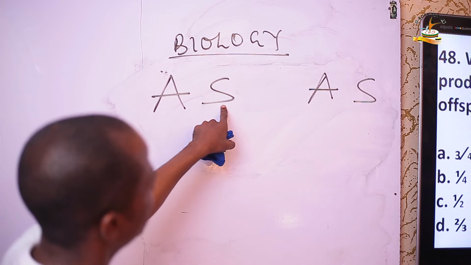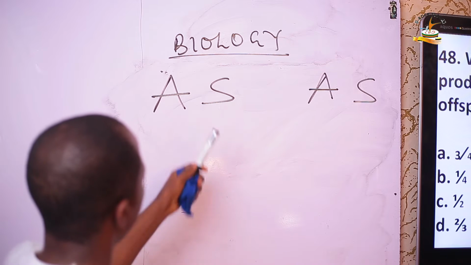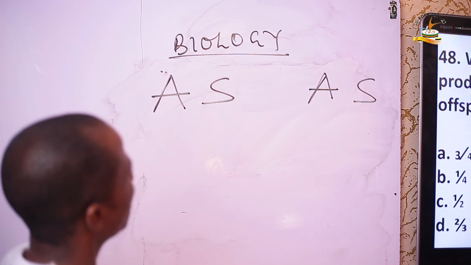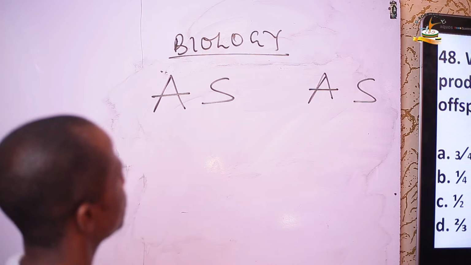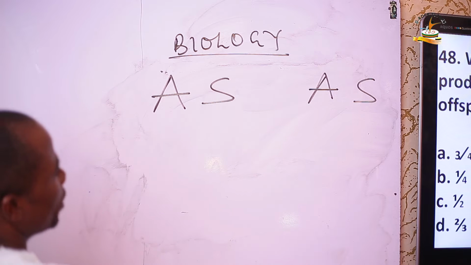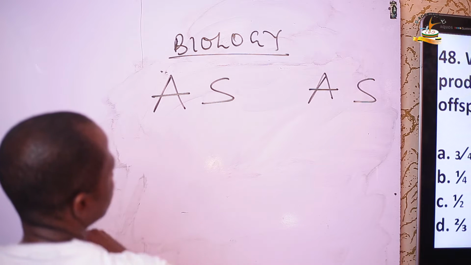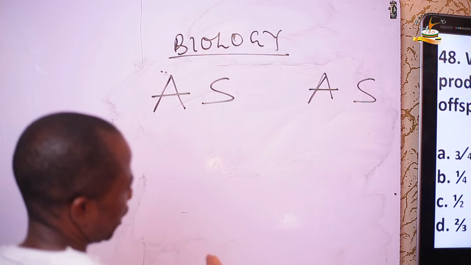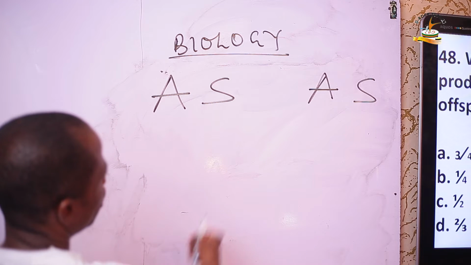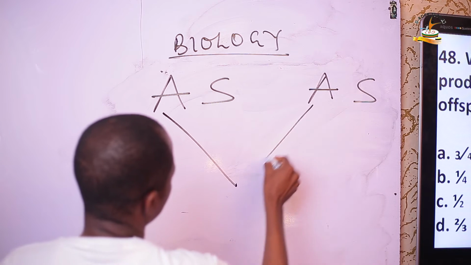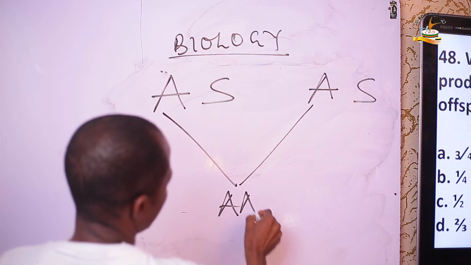Even though they are having the S here, that is having a sickle cell shaped red blood cell, the fact that they're having just one copy of the trait means that they are only carriers, not sicklers. So if we cross this, we have AA here, that's perfectly normal.